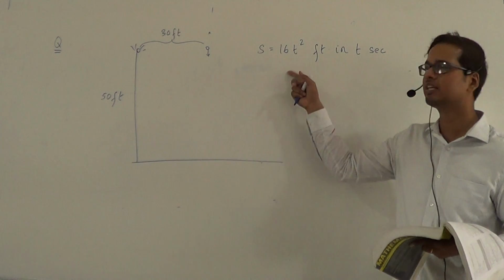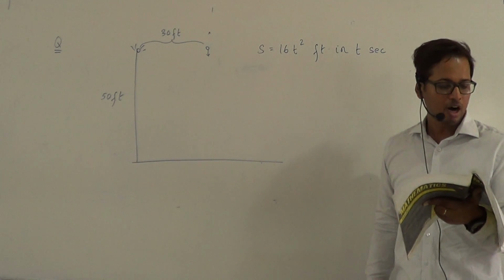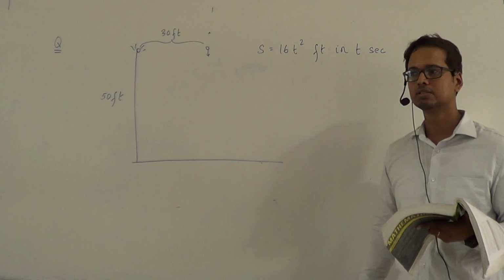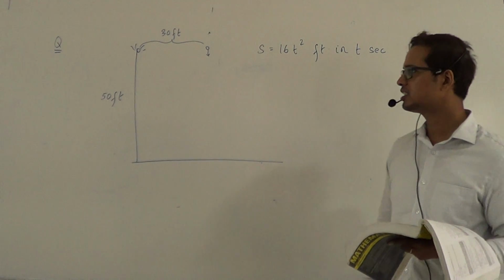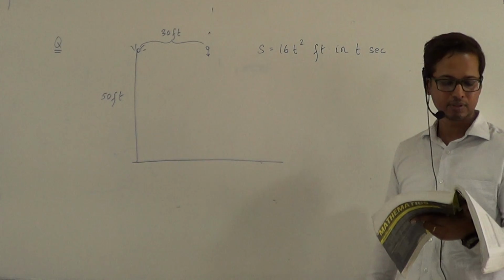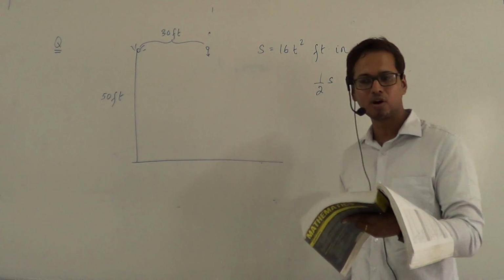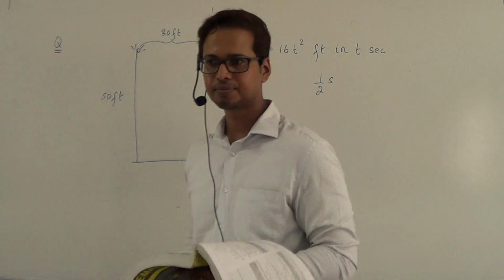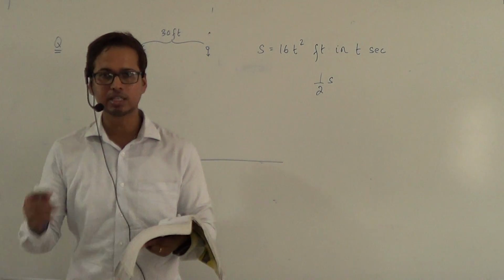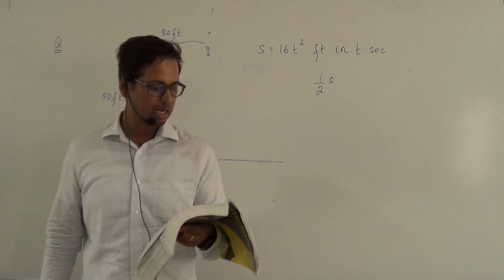So let's say in 1 second it will fall 16 feet, like that. How fast is the shadow of the ball moving along the ground, half a second after the fall?